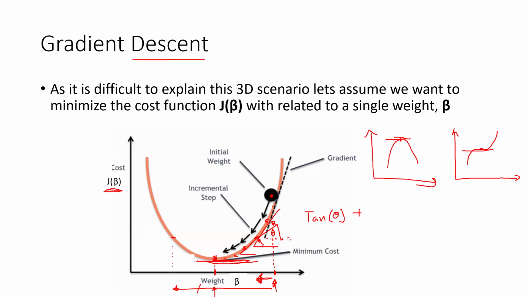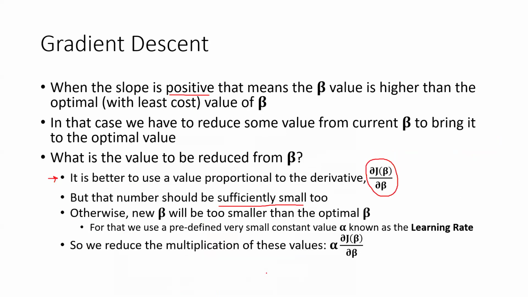So reducing a larger value is not good. You should only reduce a smaller value like this one, right? Because of that, what we do is we take this value and multiply it with a smaller constant known as the learning rate, represented by this alpha, right?